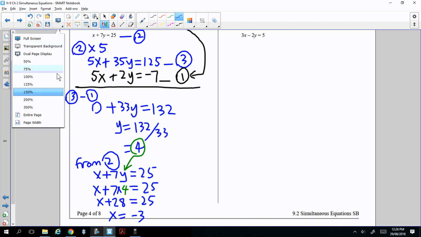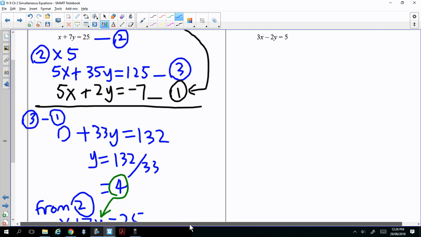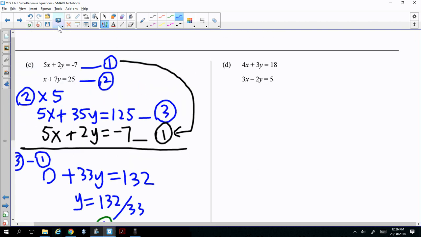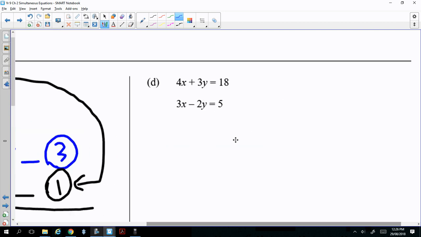Let's go through D. Now D, you can't just change one, you have to change both. So it's like the lowest common denominator. I'm going to make y the same. I'm going to times 1 by 2.